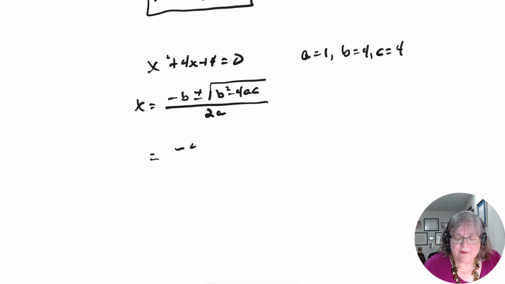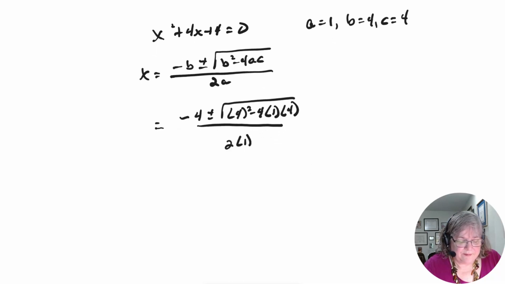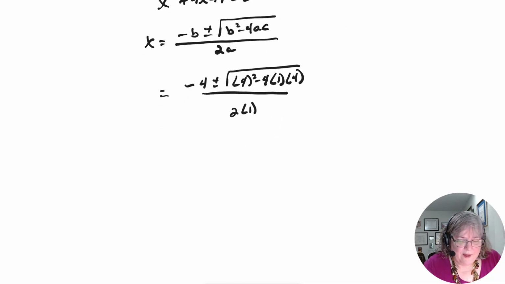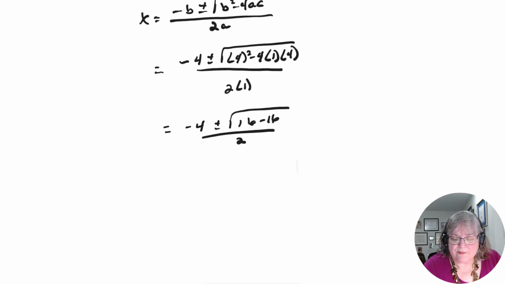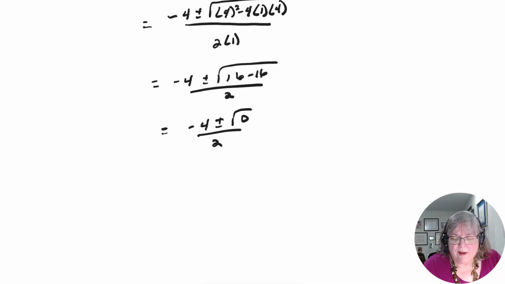So I have minus 4 plus or minus 4 squared minus 4 times a times c all over 2 times a. So this is minus 4 plus or minus 16 minus 16. Oh, that's different. Over 2. So this is minus 4 plus or minus the square root of 0 over 2. Well, the square root of 0 is 0, so you have minus 4 over 2, which is minus 2.